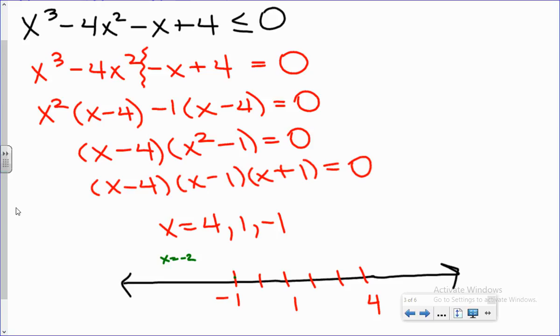We have -8 minus 16 plus 2 plus 4. Is that going to be a positive or a negative number? I don't care what it is. Is it positive or negative? Negative, which means at x equals -2, we are below the x-axis. Is that what we want?